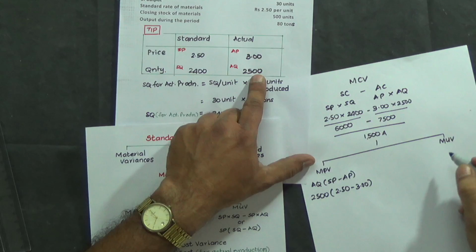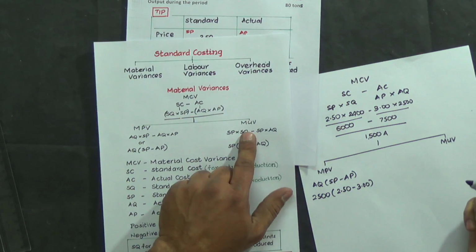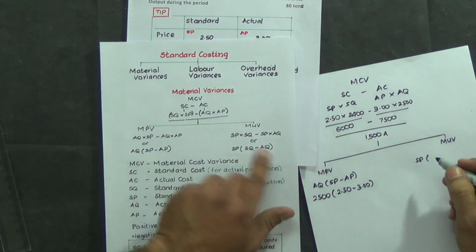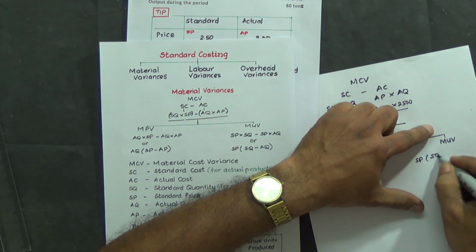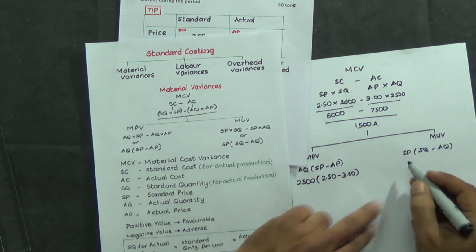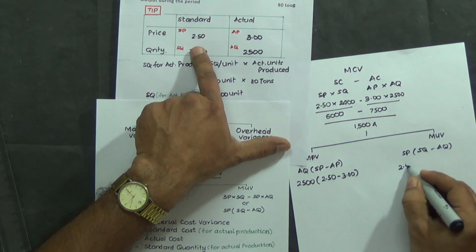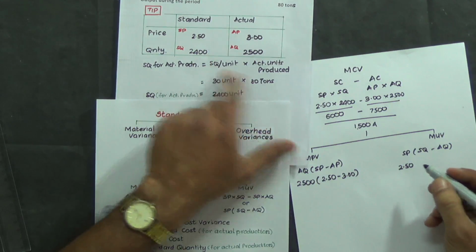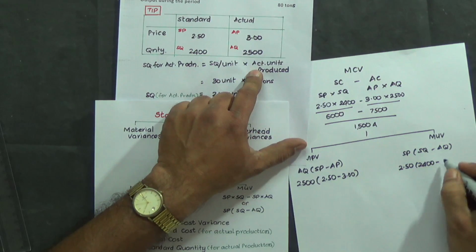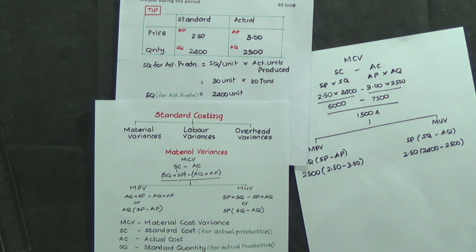And the formula for material usage variance is standard price into standard quantity minus actual quantity. Standard price is 2 rupees 50 NP, standard quantity 2400, actual quantity 2500. And now it's just calculator work.